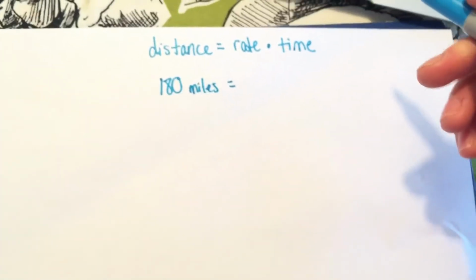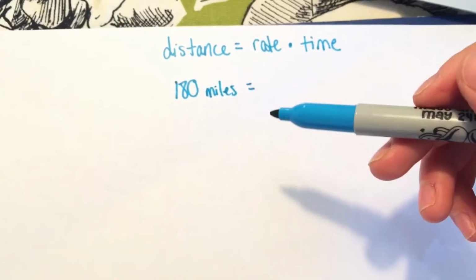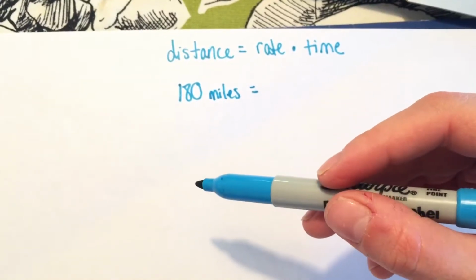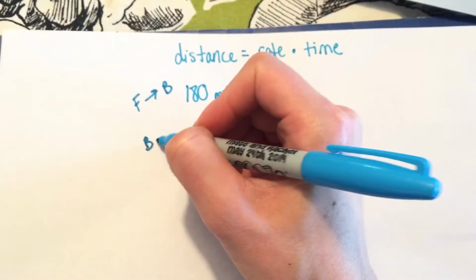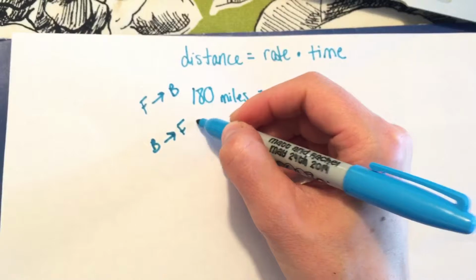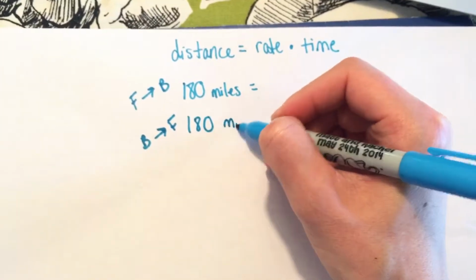And we actually have two trips happening. So we have one that is going from Fargo to Bismarck, so I'm going to write F to B, and then one that is returning from Bismarck back to Fargo. Both of them are 180 miles.